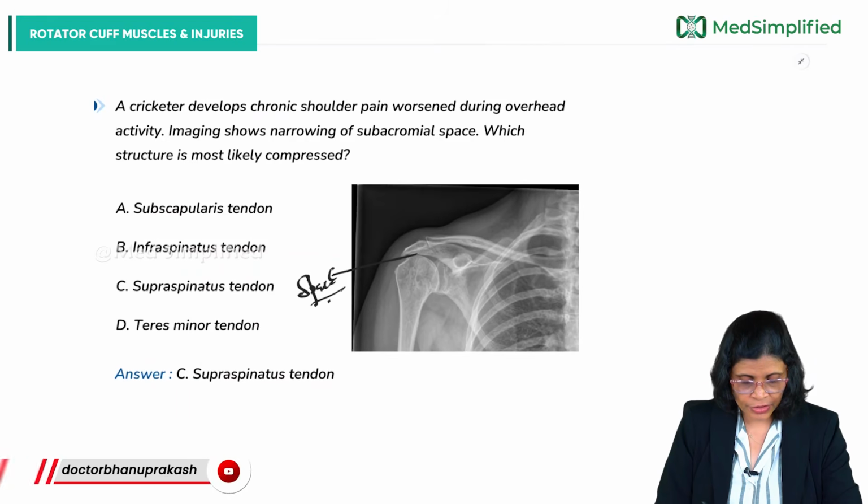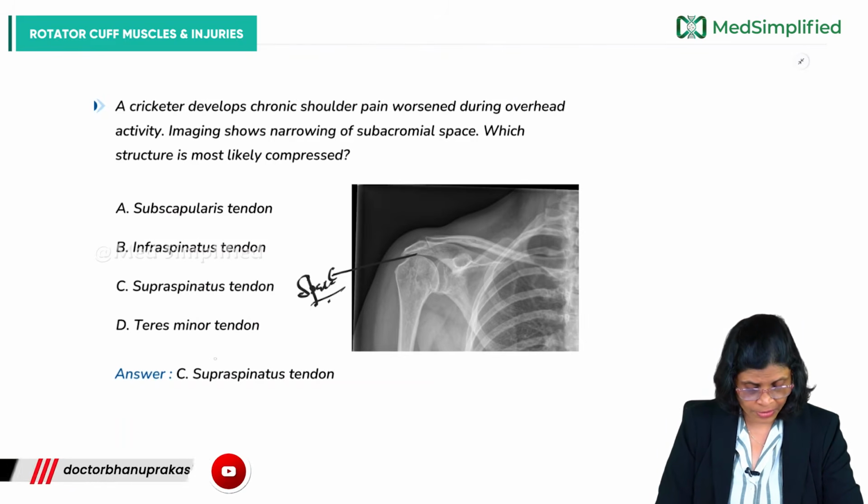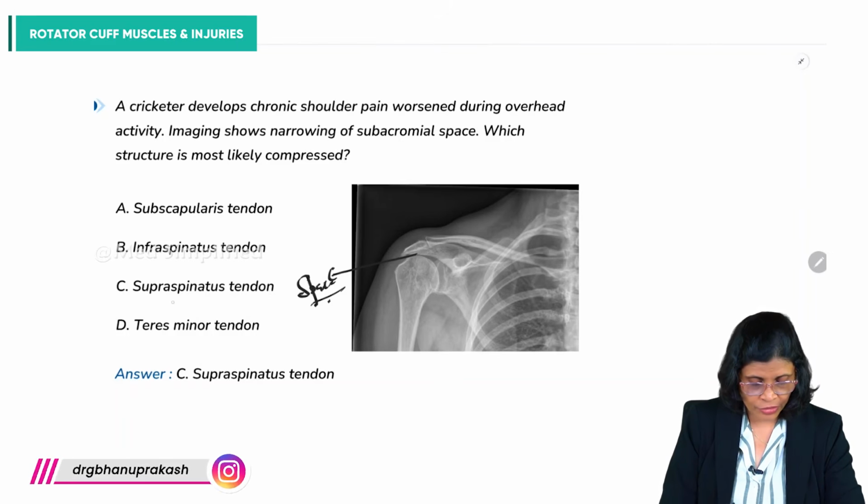So which structure is most likely compressed? There we see two things: one is the subacromial bursa, the other is the supraspinatus tendon. So let's see among the choices what is mentioned here. All the tendons are mentioned: subscapularis tendon, infraspinatus, supraspinatus, teres minor tendon. So the right choice will be the supraspinatus tendon.